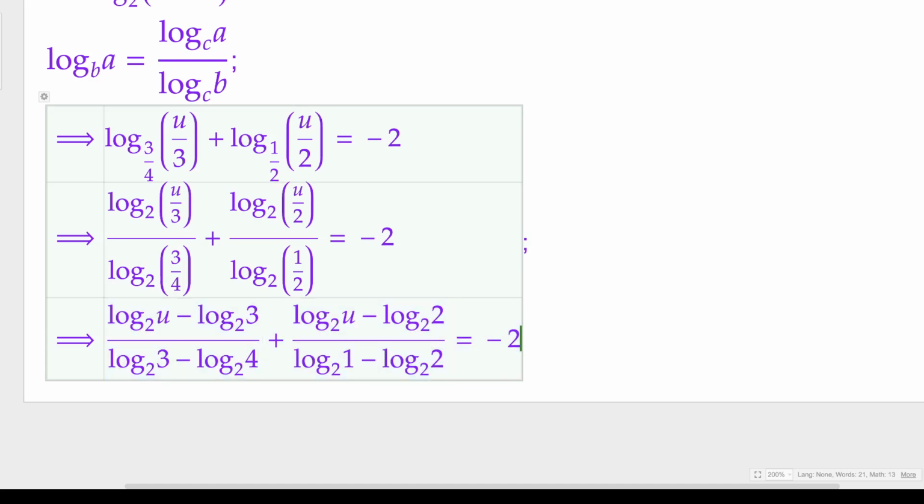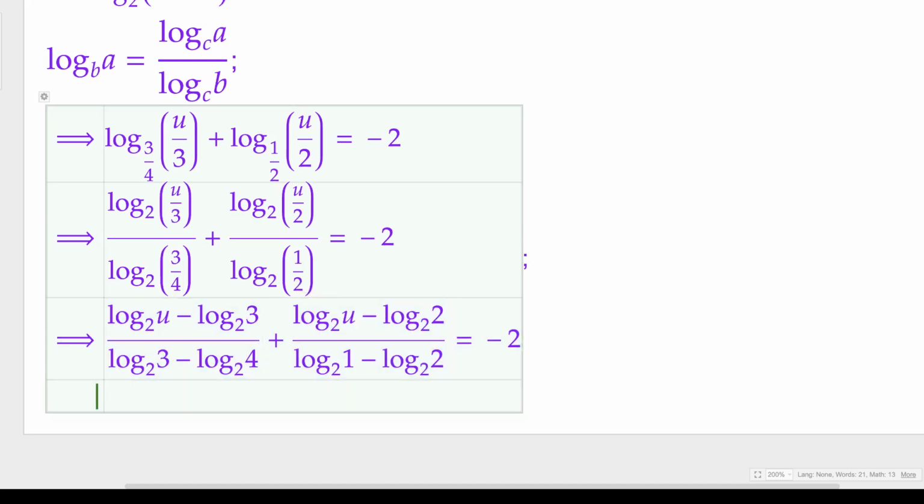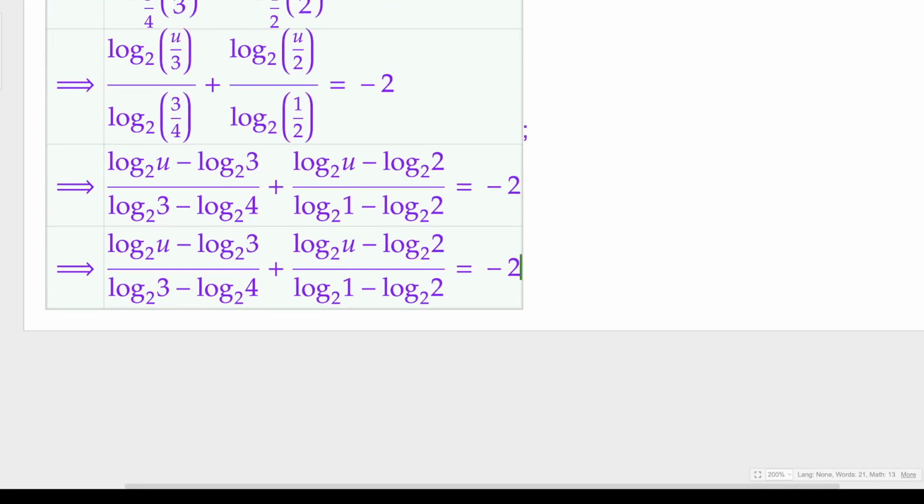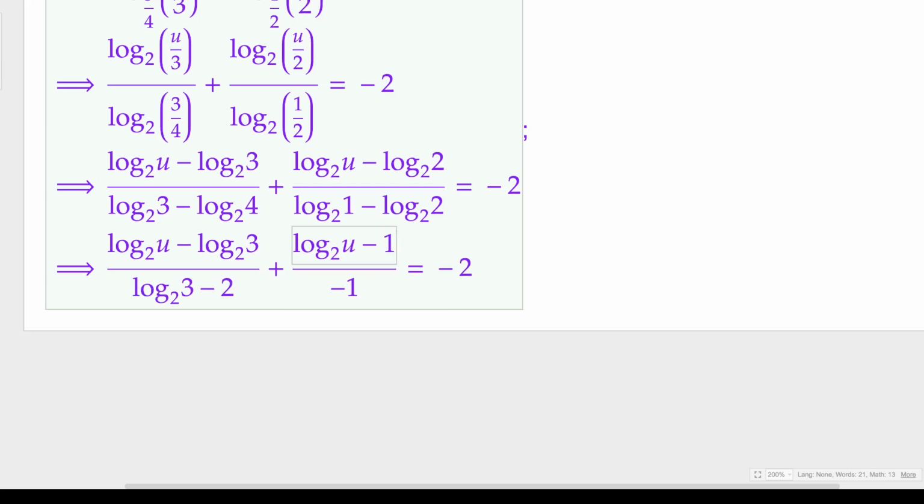So on resolving all these terms further, I'll just resolve this further. Now this is 0 minus 1, this is 0 minus 1, and that is negative 1, right. And this log of 4 base 2 would be 2 here, and this would be 1. Now after resolving each of these, I'll be performing algebraic manipulation over here, right.